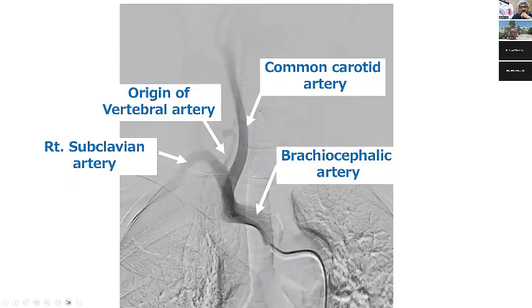Okay, before introducing my catheter into the cervical arteries, we first check the branches of the aortic arch. We place the catheter at the origin of the brachiocephalic artery to see the subclavian artery, the origin of the vertebral artery, and the right side common carotid artery. We check on the right side this.